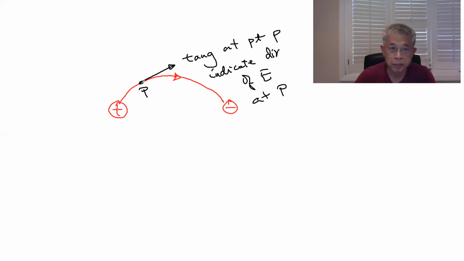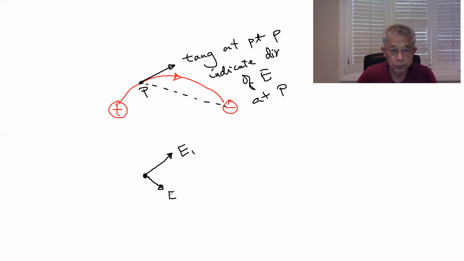Okay, so this P has an electric field, okay? And this electric field is influenced by this one here and also that one there. So we draw this one here. Due to this one, the electric field is going this way. So that's called E1. Due to this one, the electric field is going toward it, right? So it's going like this. And slightly smaller because R is longer, this R is shorter.